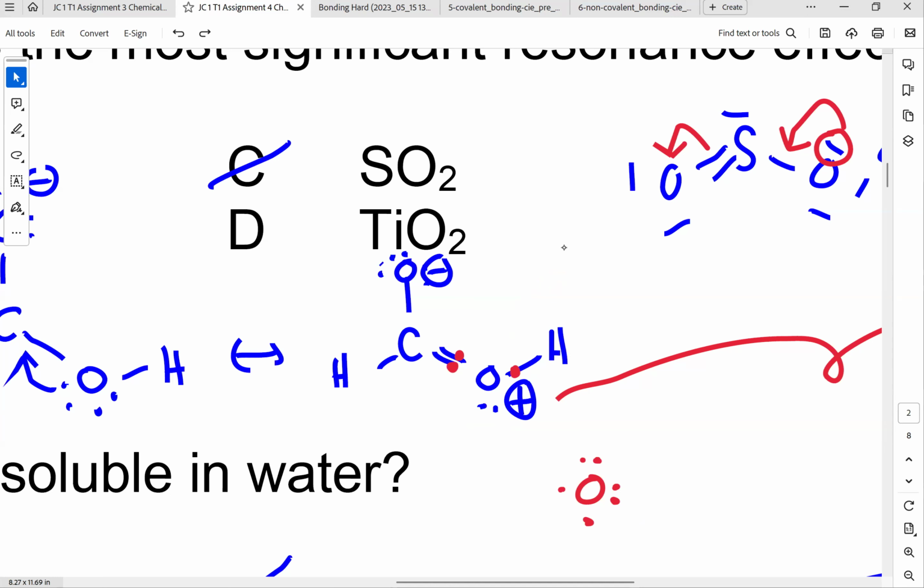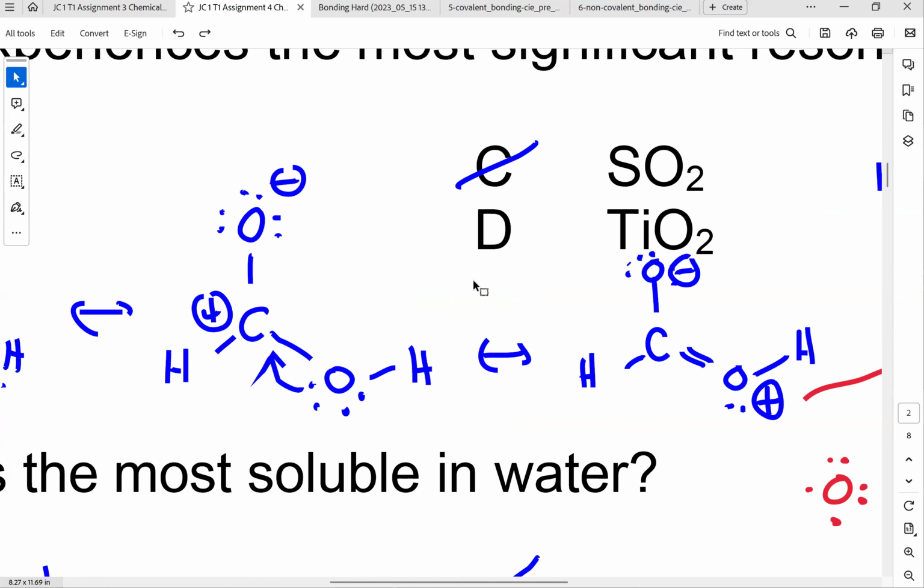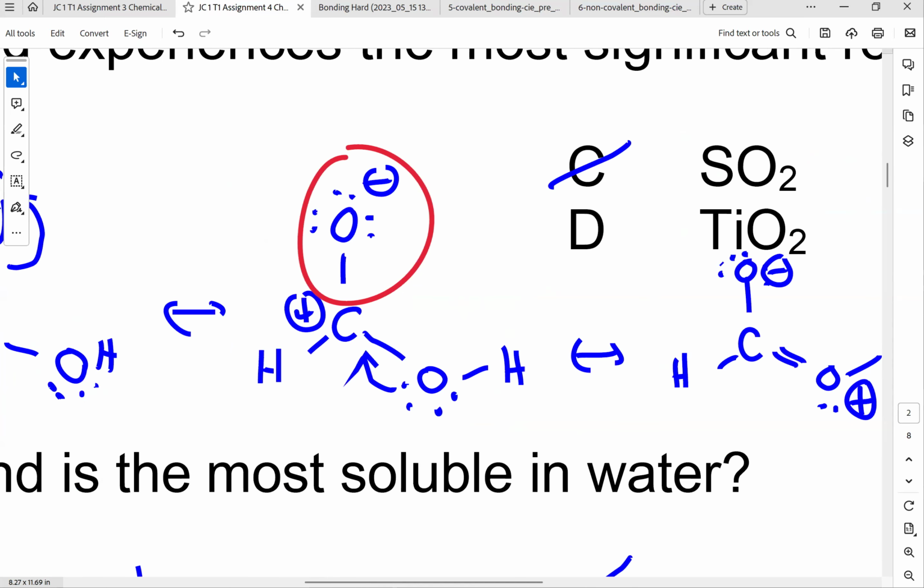And this O is now negatively charged because there is one electron that comes from O in this bonding pair. So we're not counting the electron from carbon. So only the dot, 1, 2, 3, 4, 5, 6, 7, right?